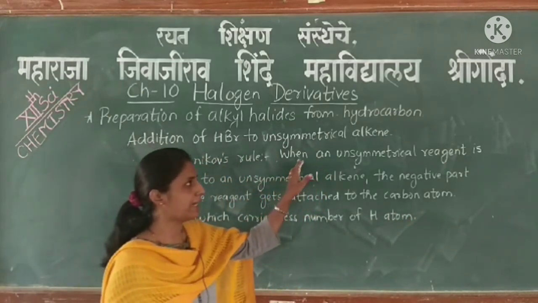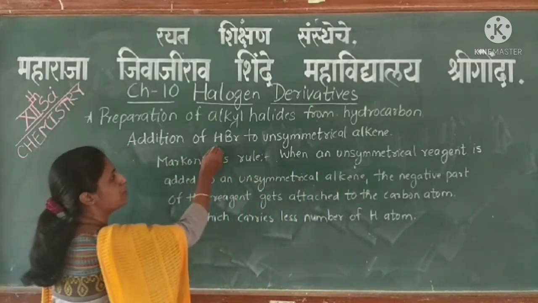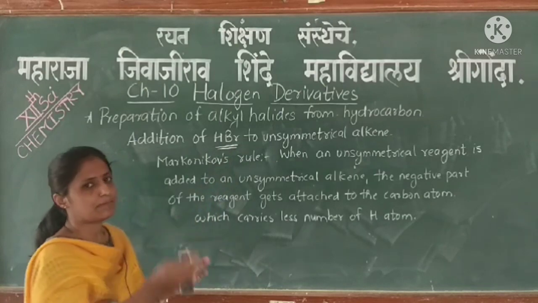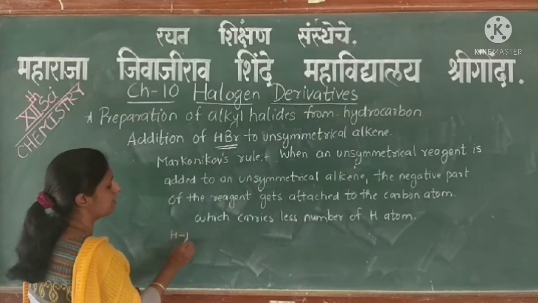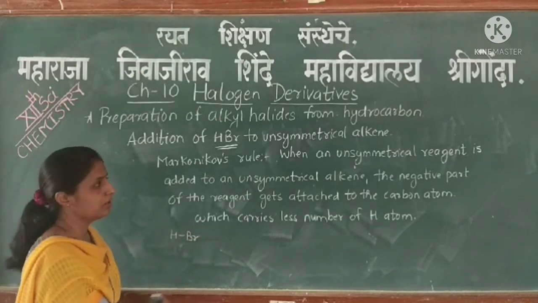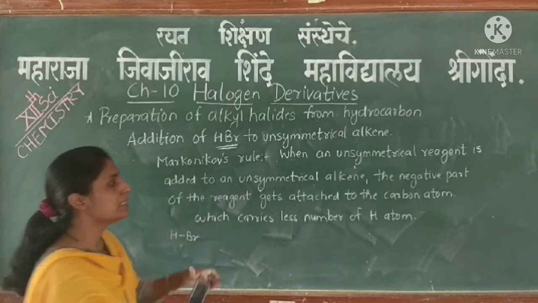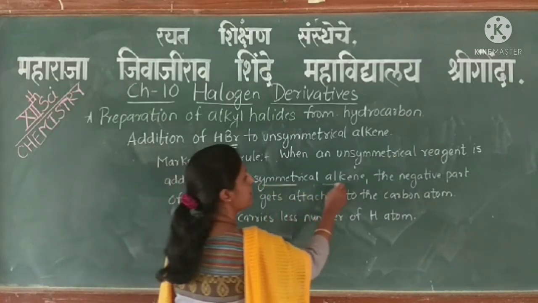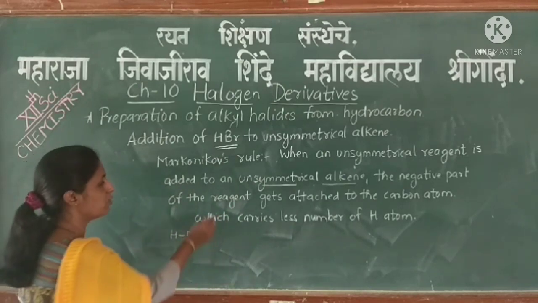Markovnikov's rule states that when an unsymmetrical reagent is added to an unsymmetrical alkene, what is an unsymmetrical reagent? We are using HBr. It is unsymmetrical. So the unsymmetrical reagent is added to an unsymmetrical alkene. What is the negative part of the reagent?